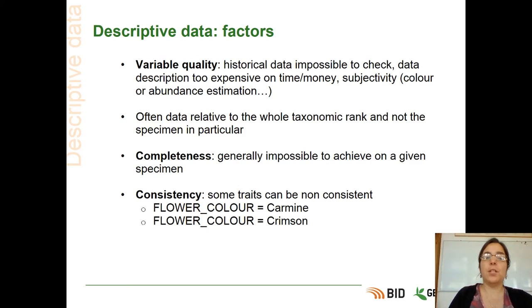And to finish this presentation, we will talk about descriptive data. So descriptive data are of variable quality. So for example, historical data are impossible to check. So if a specimen was collected 300 years ago, it's nearly impossible to check the context of its collect.